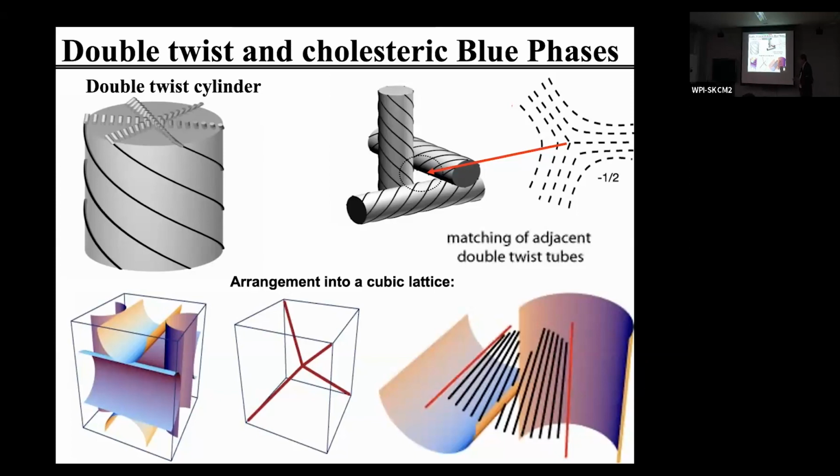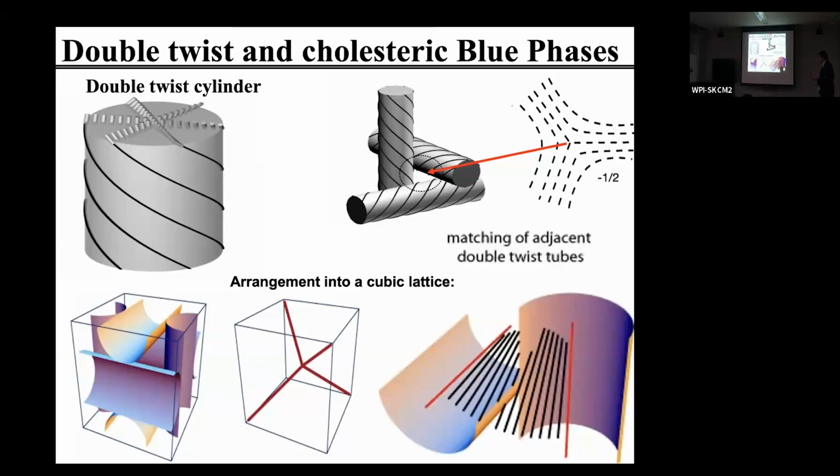And what's amazing is that this type of material has these double twist tubes packed into body-centered or face-centered cubic crystals in the blue phases 1 or 2, or in blue phase 3, they would be amorphous tubes, but still with anisotropic order at mesophase.